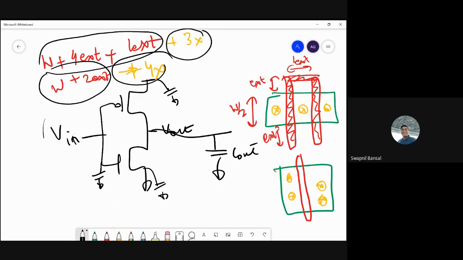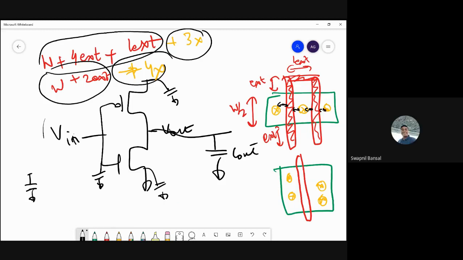So why are we saying it is the same? Like, the capacitance due to the poly length is different, no? So yes, there are two components of the poly capacitance. There is a poly capacitance due to poly and the substrate, or poly and ground, which will depend on the length part of it. And then there is the capacitance between poly and the contacts.